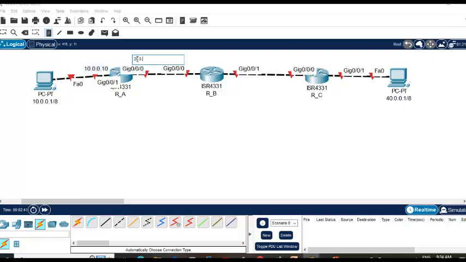Every interface must be a different network on the router. Here, 20.0.0.2/8. You cannot have the same 20 on the other wire. It should be different.